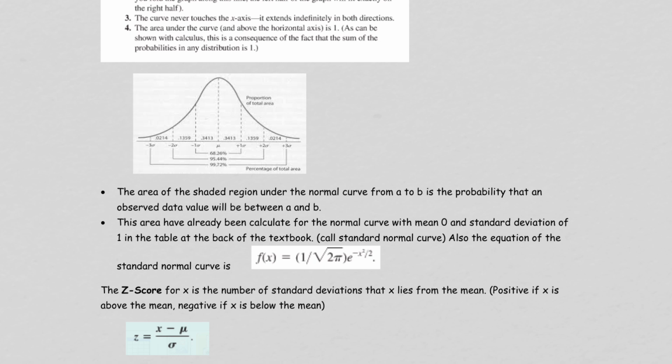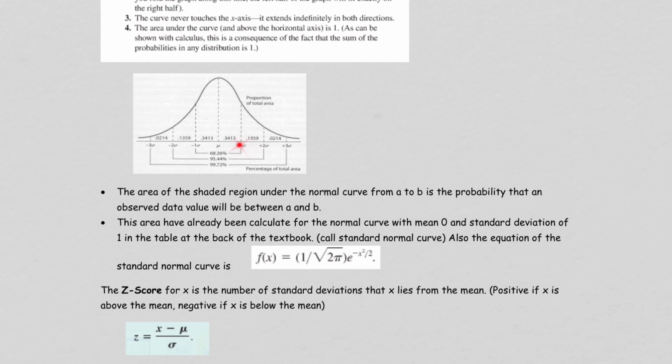This also shows that if it's a normal distribution, between one standard deviation and the mean is going to be 34.13%.